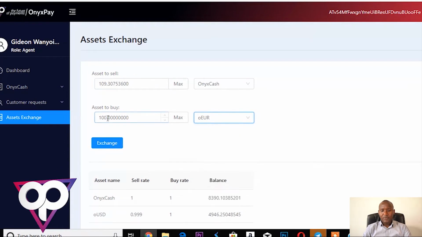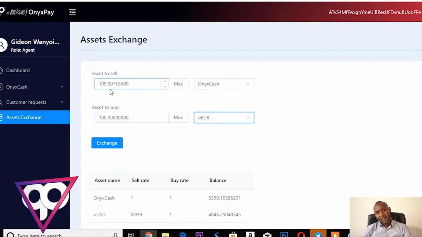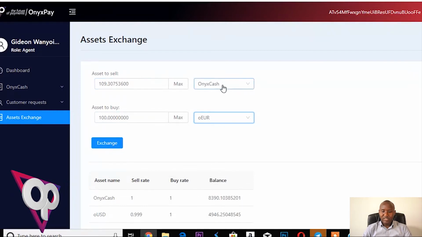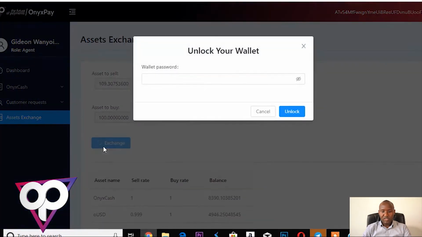In other words, I want to buy 100 Onyx euro, which is equivalent to 109.3 Onyx cash. Remember, one Onyx cash is equivalent to $1 US. So in this case, I'm selling 109.3 Onyx cash, and I'm buying 100 Onyx euro. So I can exchange this here.